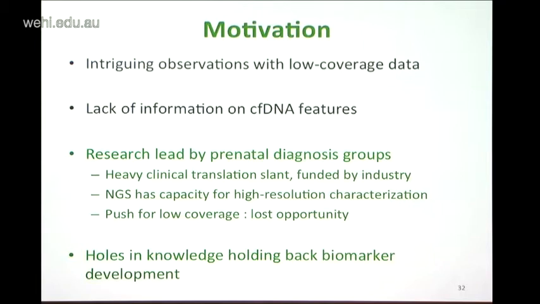So even though next-generation sequencing has an extremely high resolution, there was a push for lower and lower coverage, and therefore they sort of lost the opportunity to interrogate the cell-free DNA. So there are a lot of holes in the literature that now seem to be holding back biomarker development in other areas.